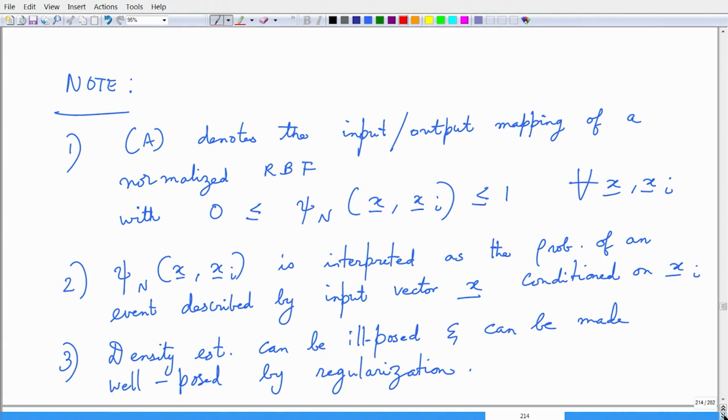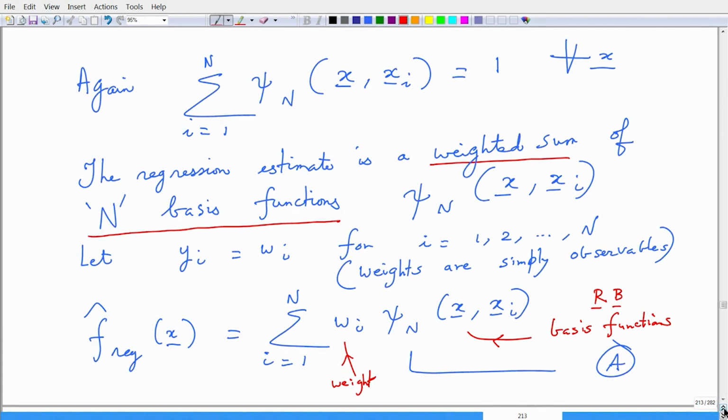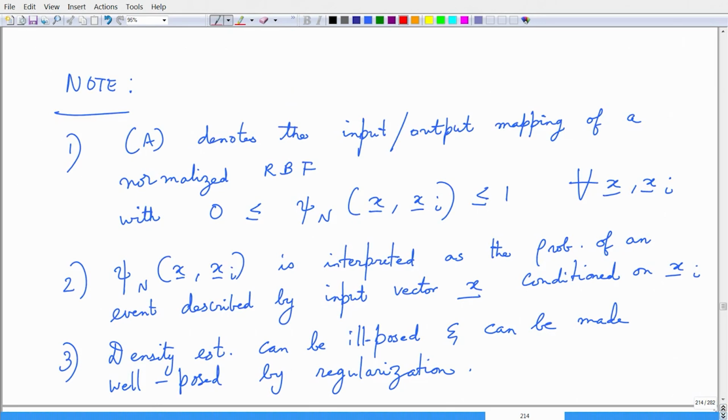There are a few points to note. One is with the RBF regression estimation. If you look into this quantity, this equation f reg, it denotes the input-output mapping of a normalized radial basis function, where these functions are between 0 and 1. This is an important note.